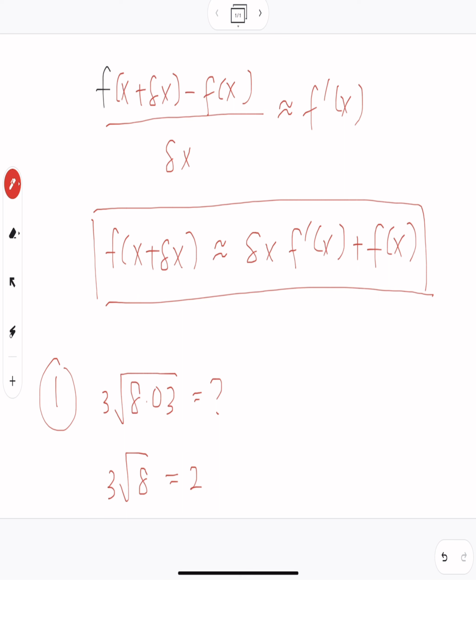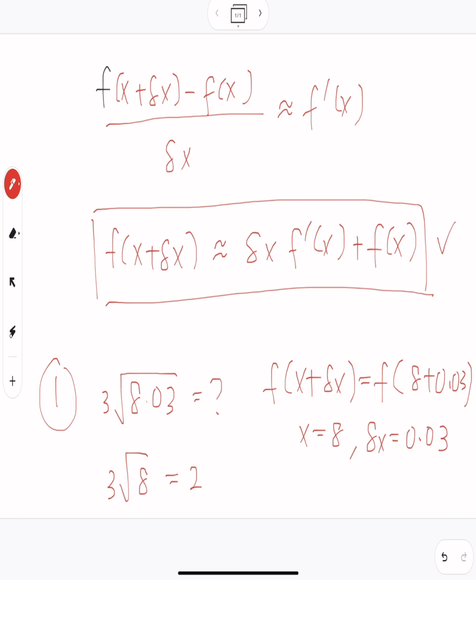So now we want to find f(x plus delta x), which we can assume is 8 plus 0.03. So for this case, we can assume that our x is 8 and our delta x is 0.03. Since delta x is a very small number, we can use the formula here.